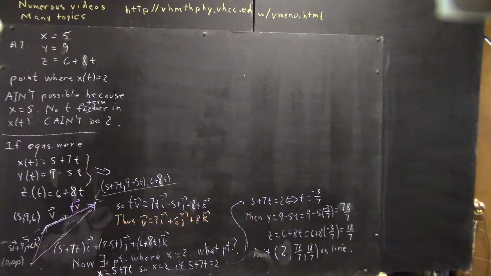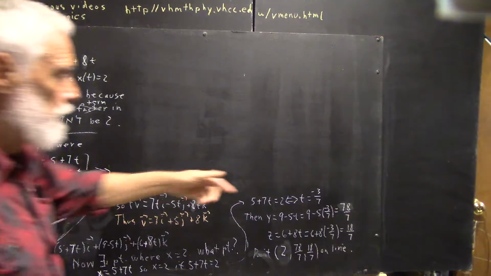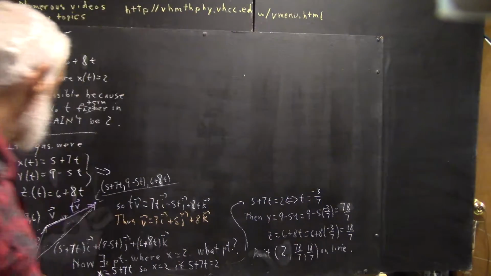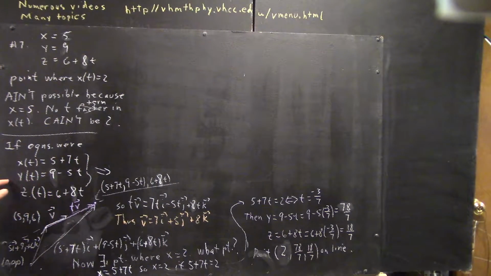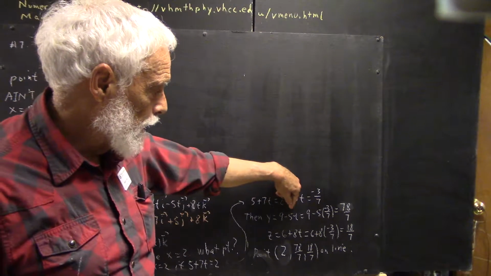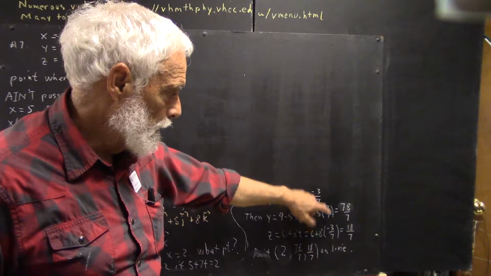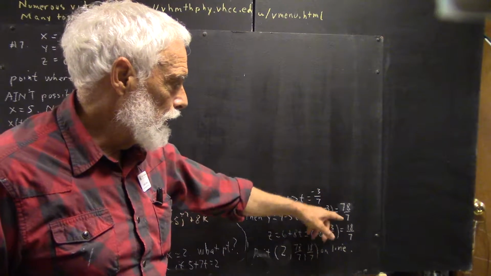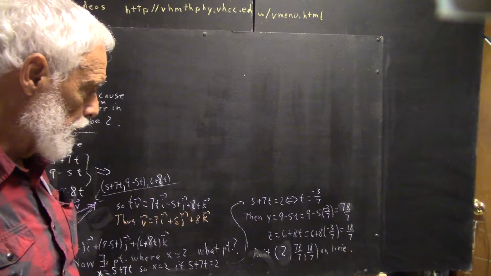Now, if t is negative 3/7 when x equals 2, we can determine what y and z are when x equals 2, just by plugging the negative 3/7 for t into the equation for y of t and the equation for z of t. And we do that. So y is 9 minus 5t, which is 9 minus 5 times negative 3/7, 78/7 if I did my arithmetic correctly.